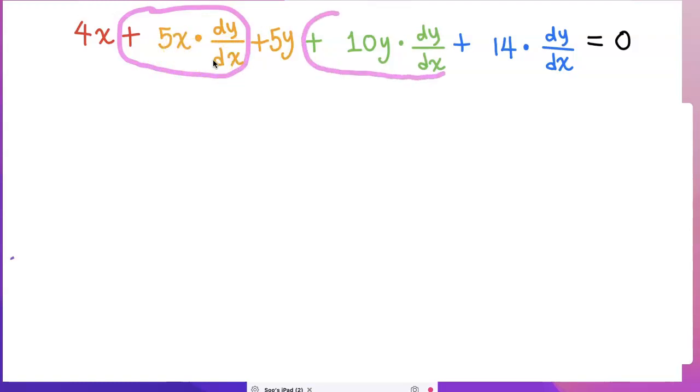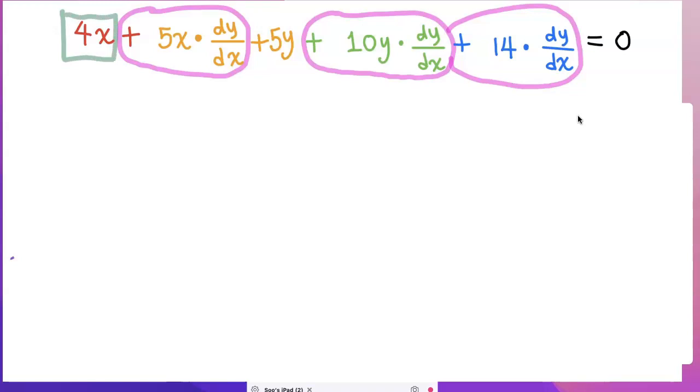This 10y times dy/dx stays on this side too. Lastly, this 14 dy/dx. These terms that have dy/dx will stay on the left side. The ones that don't have dy/dx, like 4x, I'm going to move to the other side of the equal sign. And this 5y, which is positive on the left, is also going to the right side.